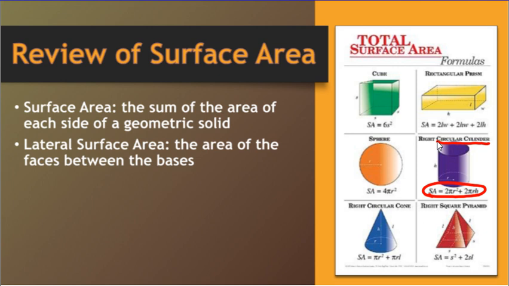So 2 pi r would just mean the circumference of a circle, which means the perimeter of the base, times the height. Since the perimeter of the base is a circle, we would use circumference.